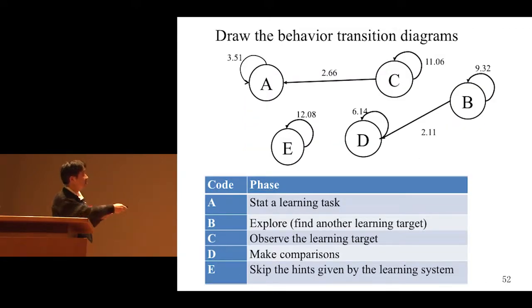Then we have this graph, and if we do it for the two groups, we can compare the behavior between the two groups and use the graph to explain what happened during the learning process of the two groups.